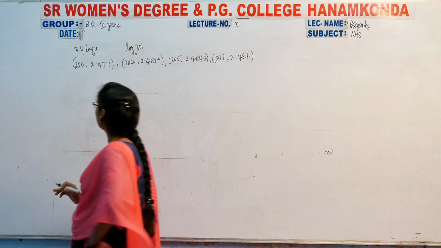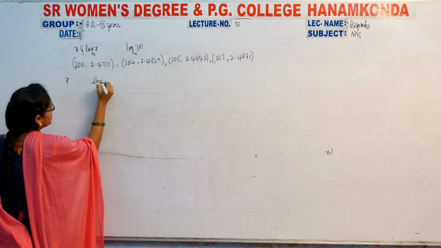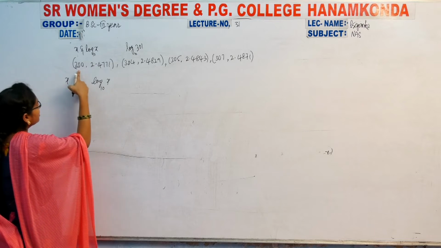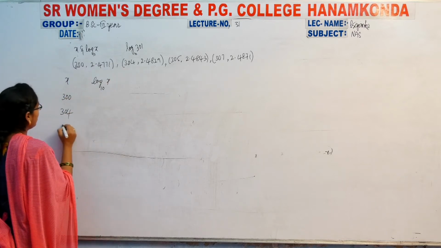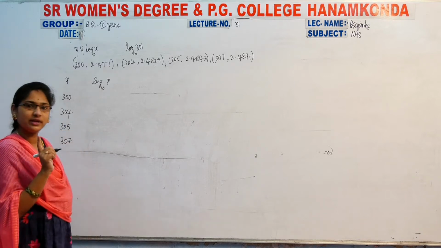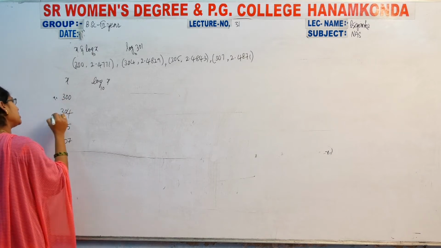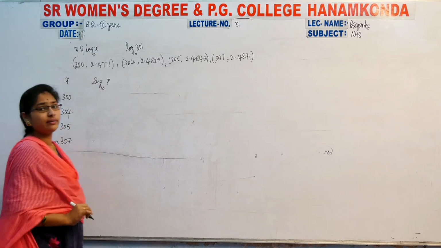So now here first of all we have to take the table. x, log x base 10. What are the values? 300, 304, 305, 307. These are the values of x, that means x0, x1, x2, x3. You can write with a pencil.